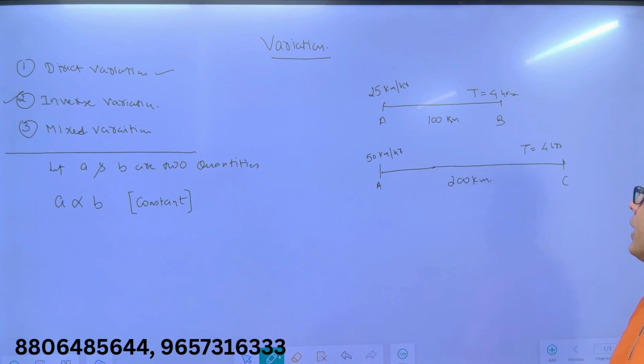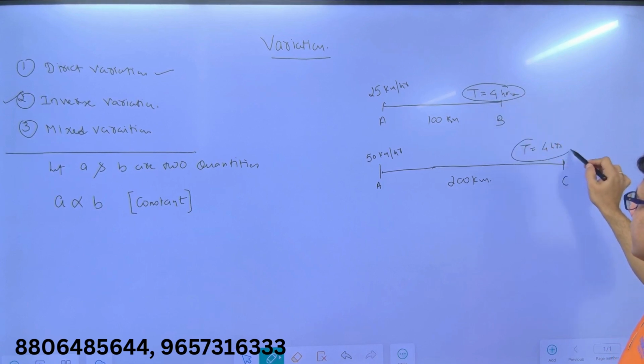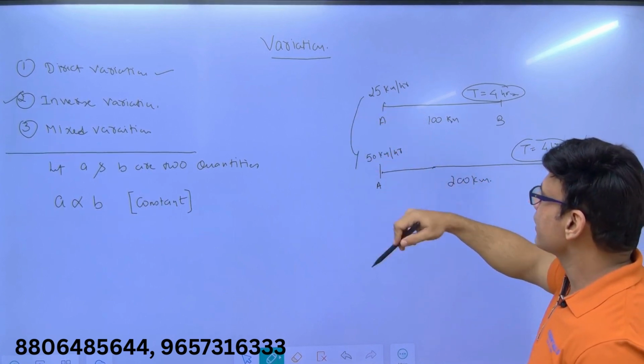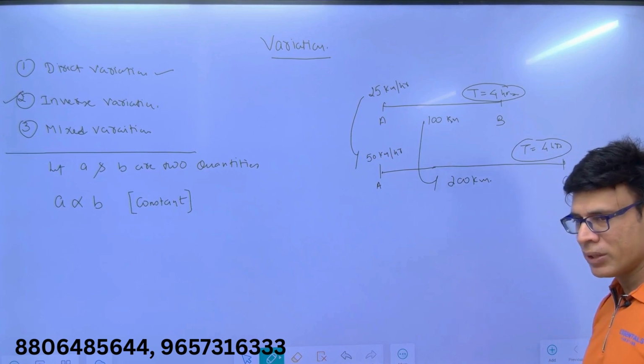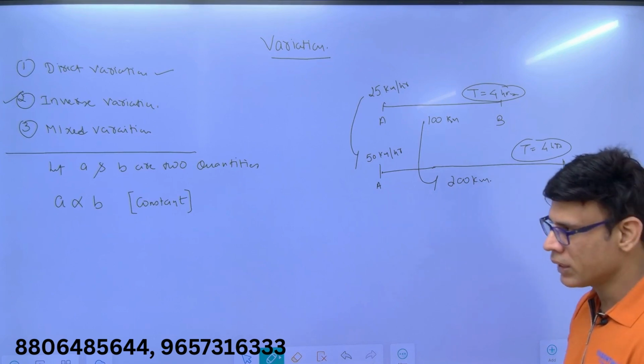What exactly happened here? You kept something constant. What is that? Time. So when time is constant and you double the speed, distance also gets doubled. This is called directly proportional. If one increases, the other will also increase. If one decreases, the other will also decrease.